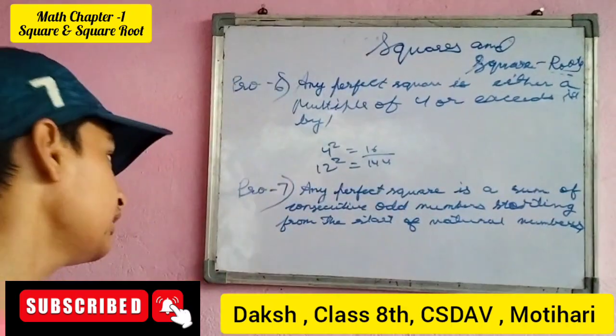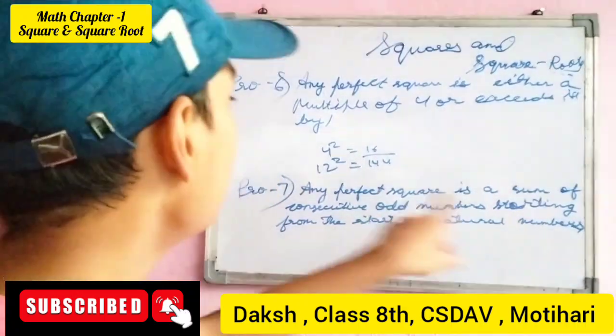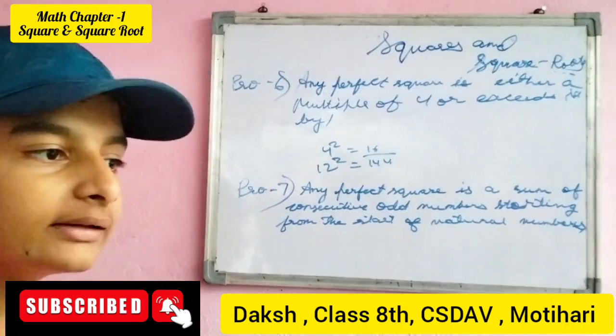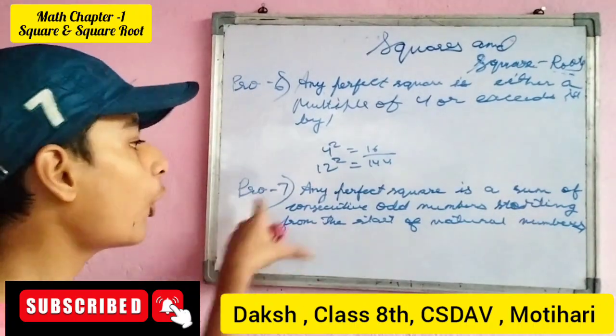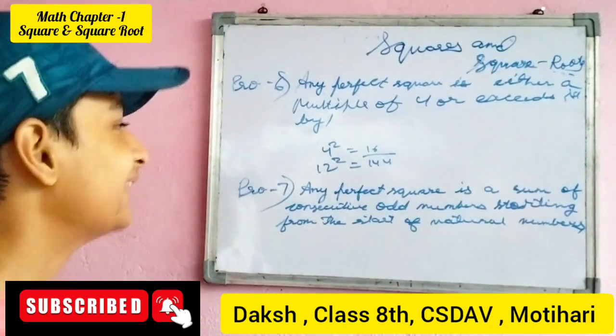So, according to property number 7, any perfect square is a sum of consecutive odd numbers, meaning odd numbers continuously from the starting of natural numbers.